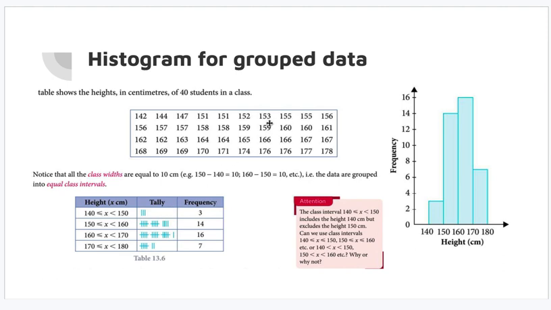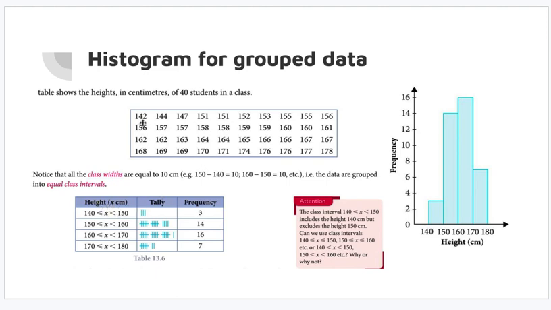Now we take a look at a histogram for group data. Group data are data that are grouped together. For example, height from 140 to 150 is grouped together, so there is a range of values.